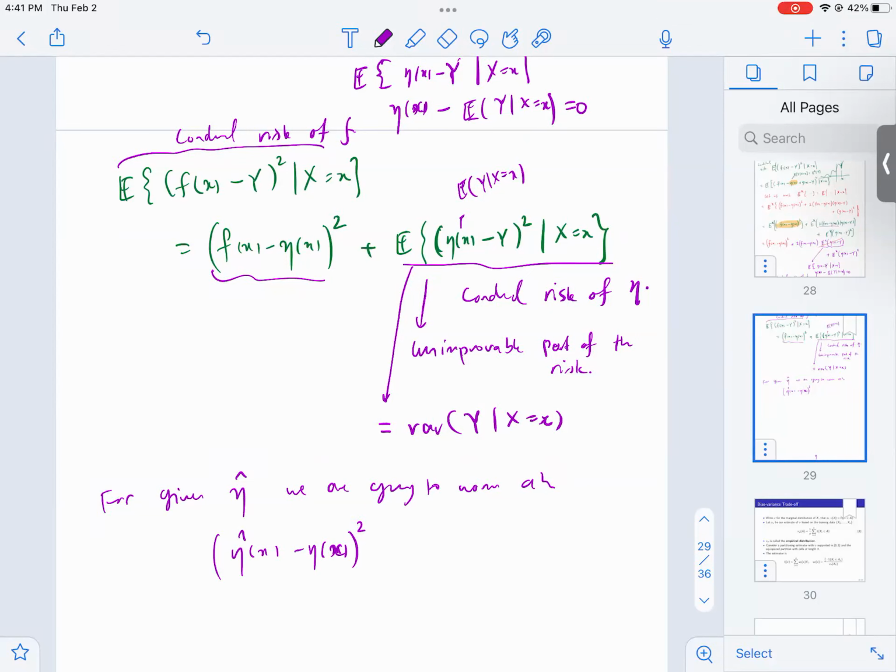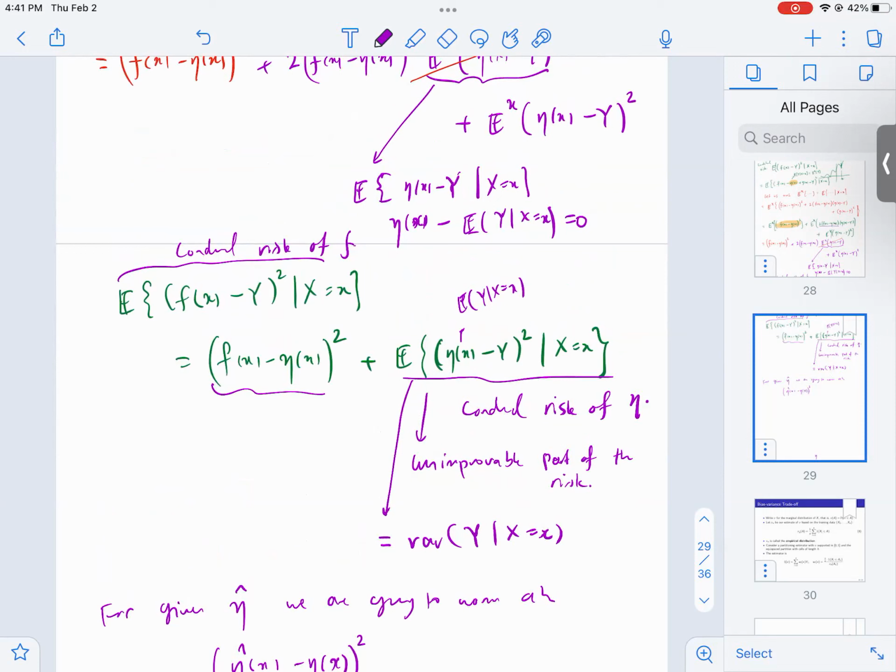So the difference between eta hat and eta at x is what controls the conditional risk. So if you want to predict y, your performance is going to be how close you are to the actual regression function versus how close the regression function is to y. This part I can't improve because it's the limit of the problem. This part I can improve. So I'm going to focus on that.